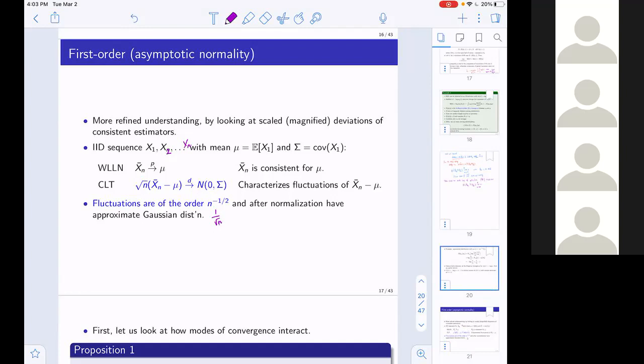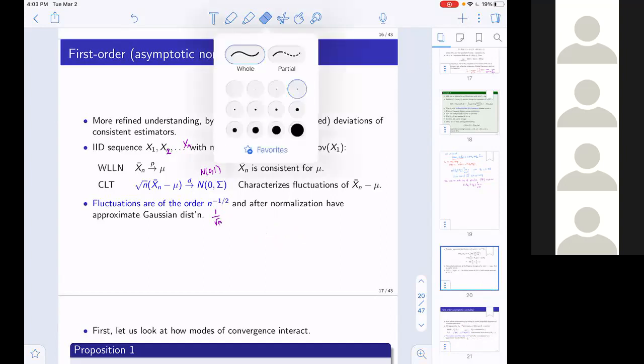For example, in the univariate case, this would be normal 0, 1, and so the fluctuations would be within a band of -2 and 2 with probability 95%, or 0.95. So you can build confidence intervals and so on. We'll see that. That's the traditional way that people work with this.